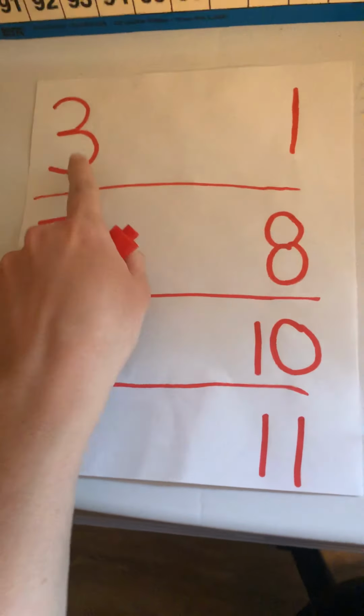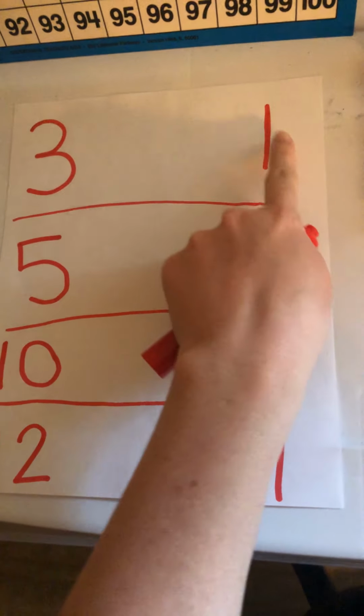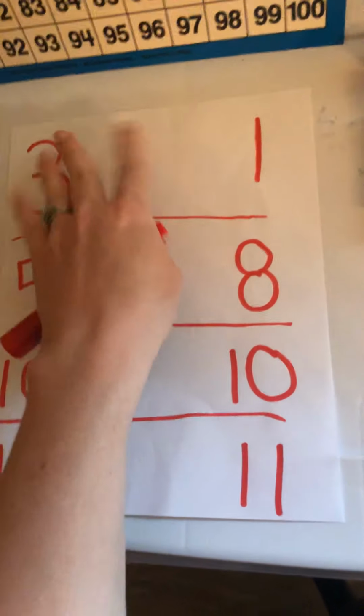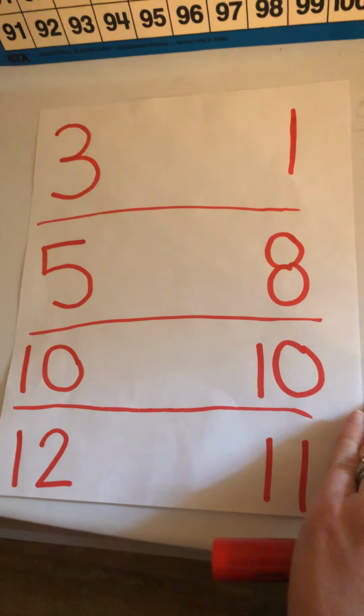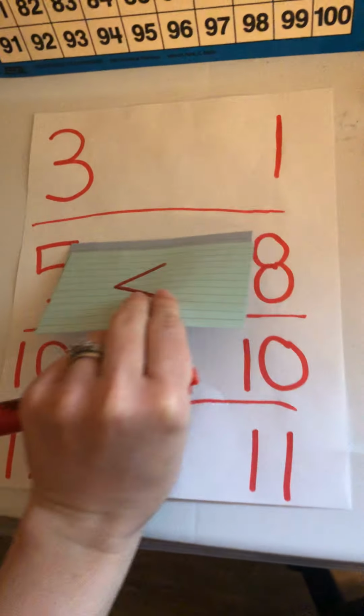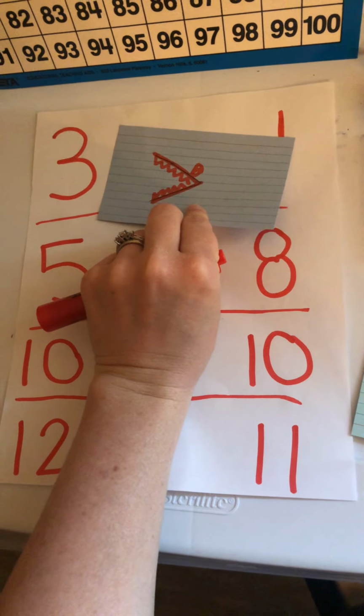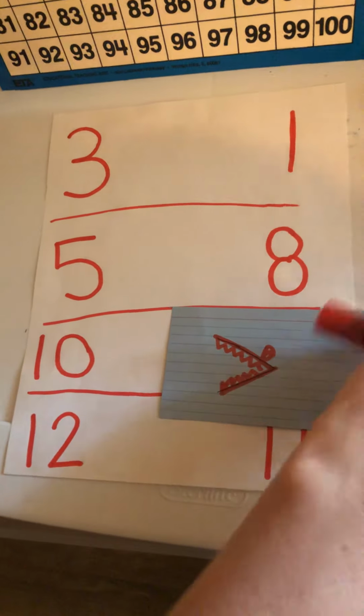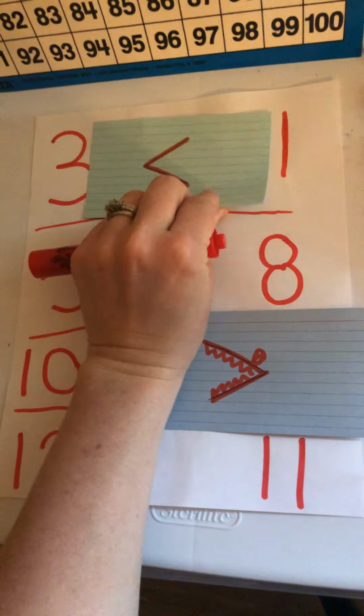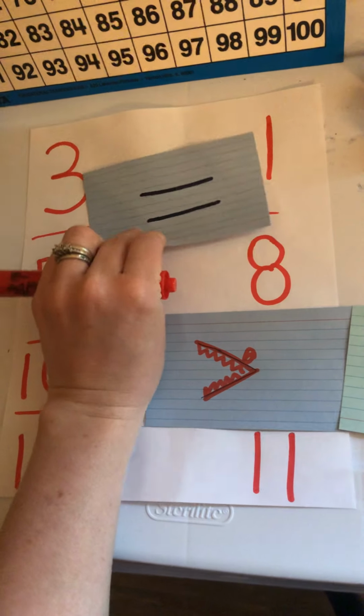So let's just do the first one just to make sure you understand how I want you to do this. So we have a 3 and a 1. We're comparing just those two numbers, nothing underneath right now, just the 3 and the 1. I want you to tell me, is the 3 greater than? Or is the 1 greater than? Which one's the bigger number, or are they the same?